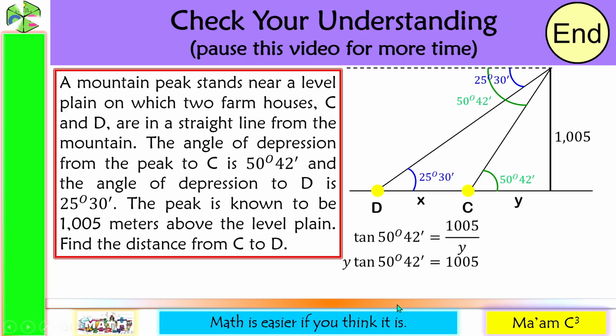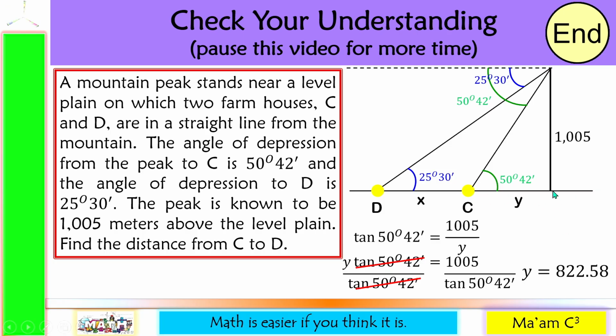Let us divide both sides by tangent 50 degrees 42 minutes. These two will cancel out. So y is equal to 1,005 divided by tangent 50 degrees 42 minutes. Do it on your own. It should be 822.58. So this distance here is 822.58 meters.